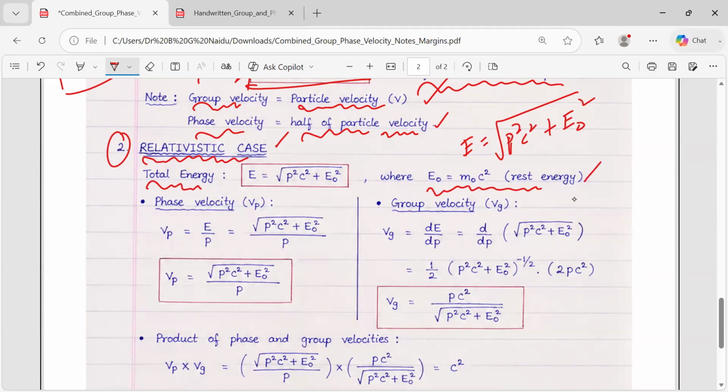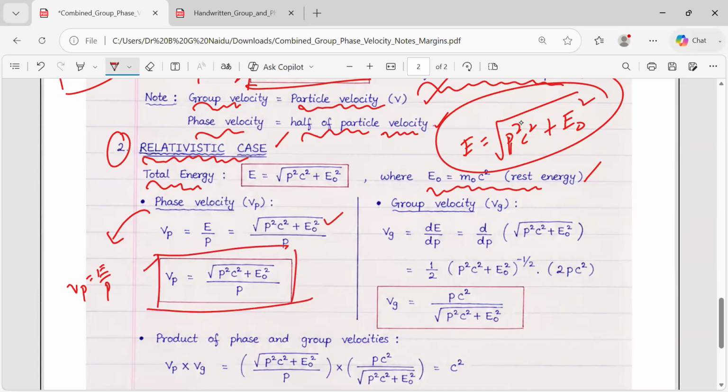Now coming to the phase velocity, Vp equals energy by momentum. Here the energy is the square root of p square c square plus E naught square. So you can substitute this. The phase velocity Vp equals square root of p square c square plus E naught square, divided by p.